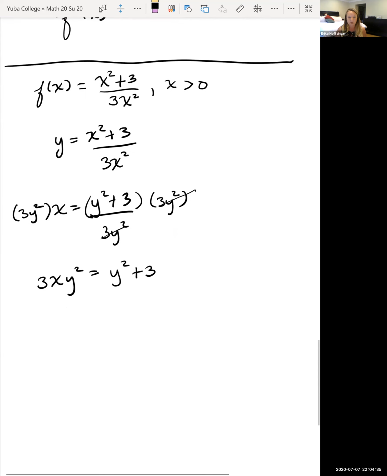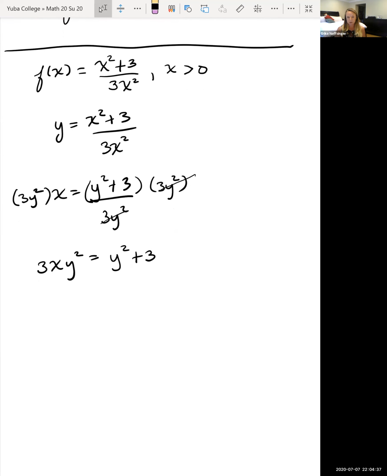So we're trying to solve for y. I notice there's multiple terms with y in here, and so what we need to do is get all the terms with y on one side. And so let's subtract y squared on both sides. So we get 3xy squared minus y squared equals 3. Because we want y by itself, and there's two terms with y in there, and they're not like terms because one has an x and one doesn't, let's factor out y squared, because that's what we want to get by itself.